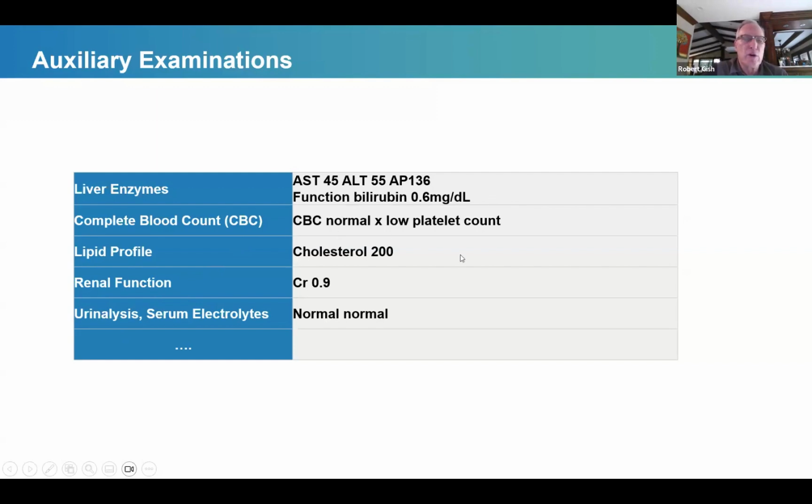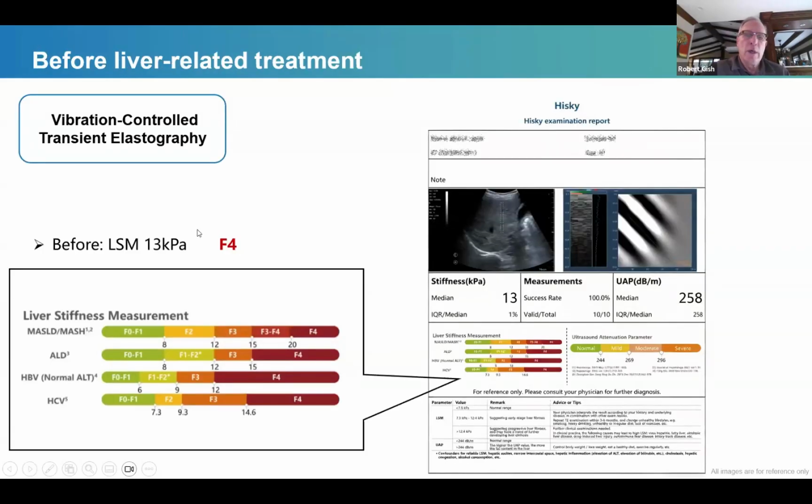CBC is normal except for the low platelet count, cholesterol high. That's a whole other discussion about managing hyperlipidemia in patients with metabolic syndrome. No evidence of renal dysfunction and normal urinalysis, normal serum electrolytes. So this person, if they were cirrhotic, MELD score would be low. MELD 3.0 score would be low.